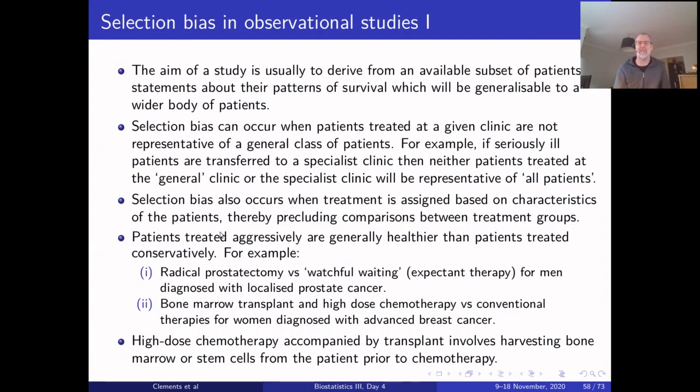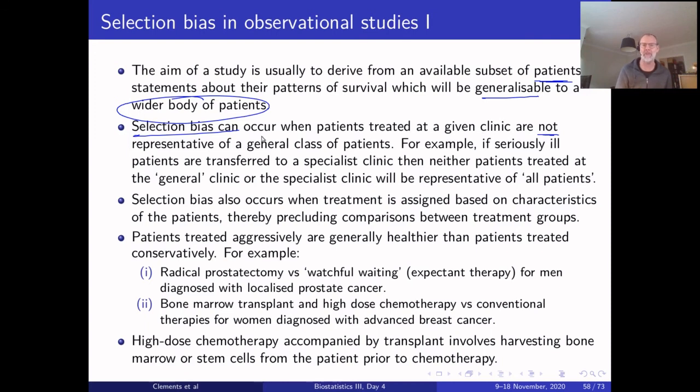Right, moving on to thinking about selection bias. If the aim of the study is to derive from an available subset of patients statements about their patterns of survival which are generalizable to a wider body of patients, selection bias may occur when patients treated at a given clinic are not representative of a general class of patient.